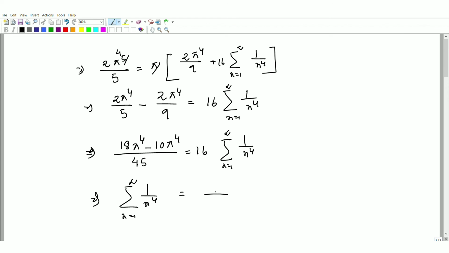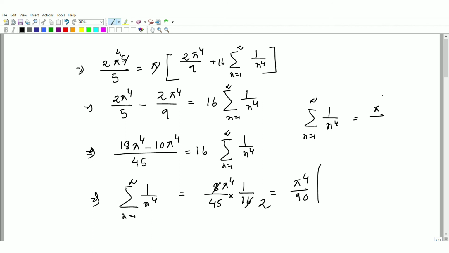So it will come to the denominator 16, and 8 by 16 gives 2, then pi to the power 4 by 90. So we have obtained that the value of this infinite summation 1 to infinity of 1 by n to the power 4 is pi to the power 4 by 90.